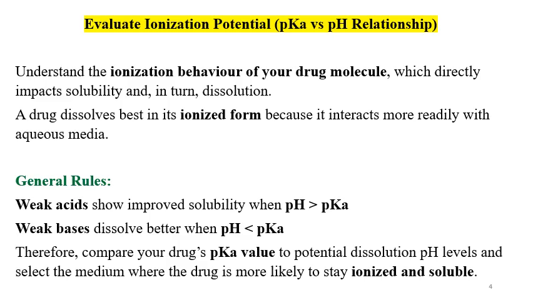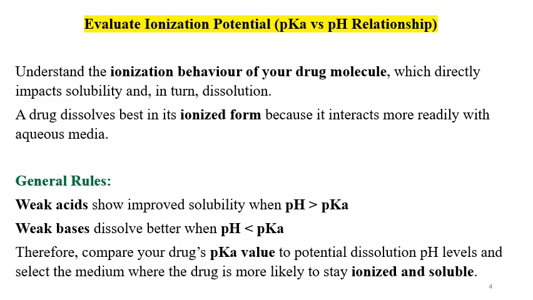A drug dissolves best in its ionized form because in this form it interacts more readily with the aqueous media. Let's see the general rules. Weak acids show improved solubility when pH is above pK. Weak bases dissolve better when pH is less than pK.